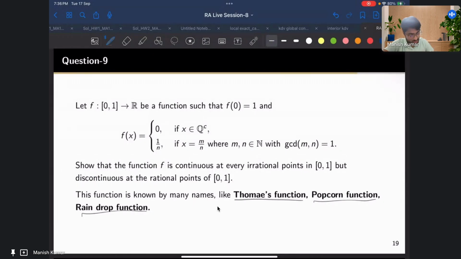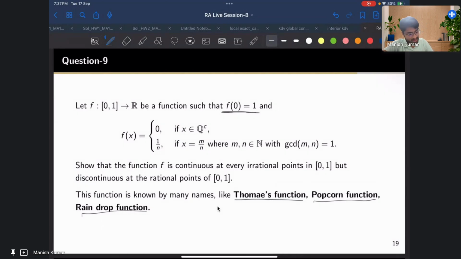This function is defined on [0,1]. In general you see it defined on the open interval (0,1), but here I have particularly chosen f of 0 to be 1. In general you can define f of 0 as whatever you want, but if you Google it, you will get (0,1]. How do we define it?